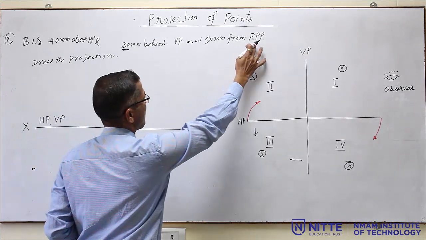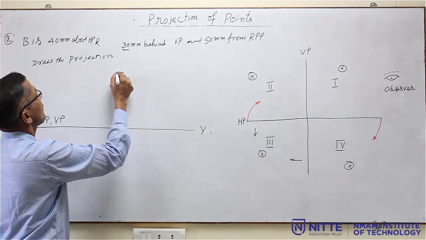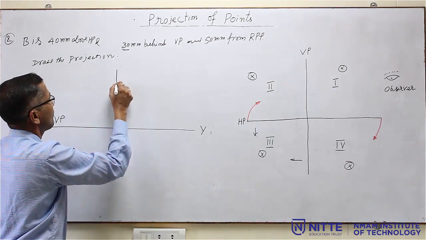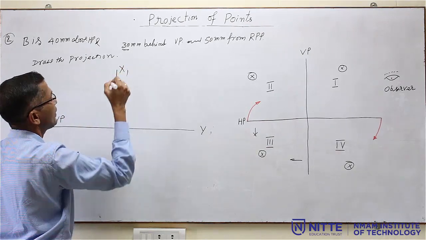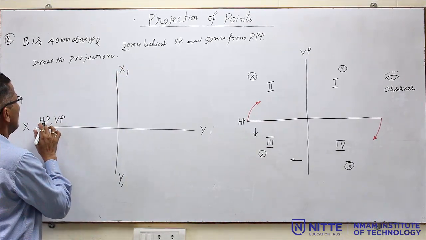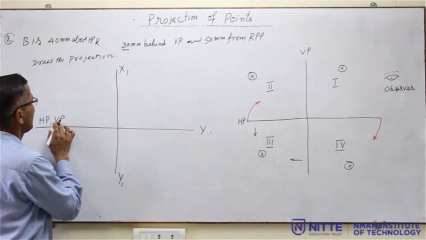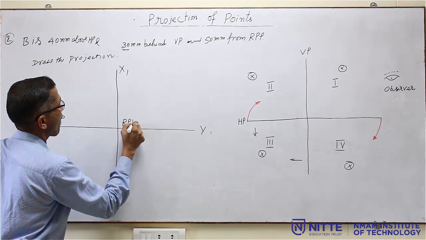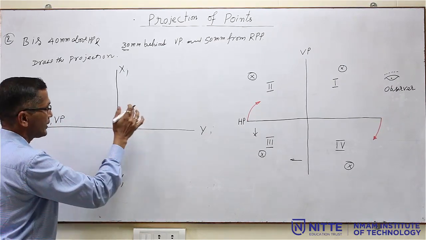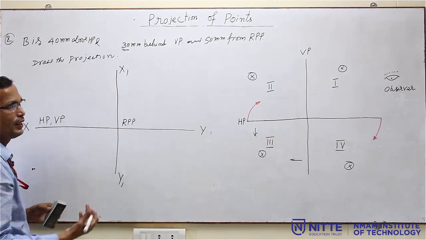Then it is RPP, that means to the right. So, I will draw an XY one line here. So, this is X1, Y1. Adjacent to VP is here, this is RPP. Adjacent to HP means the same space, do not come below because everything is above the XY line.